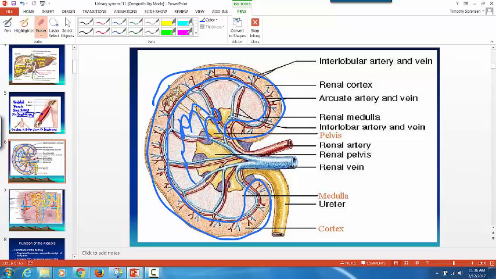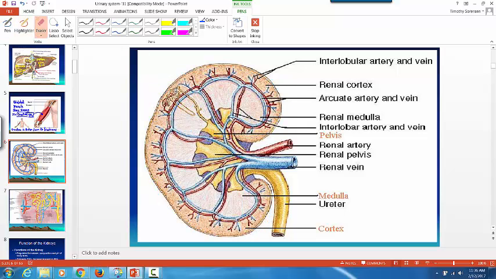Now this is important. You have the renal artery, this large artery that comes off the abdominal aorta, and as you can see, the renal artery enters what's referred to as the hilum of the kidney. The hilum of any organ is where major blood vessels, nerves, and structures enter or exit an organ.